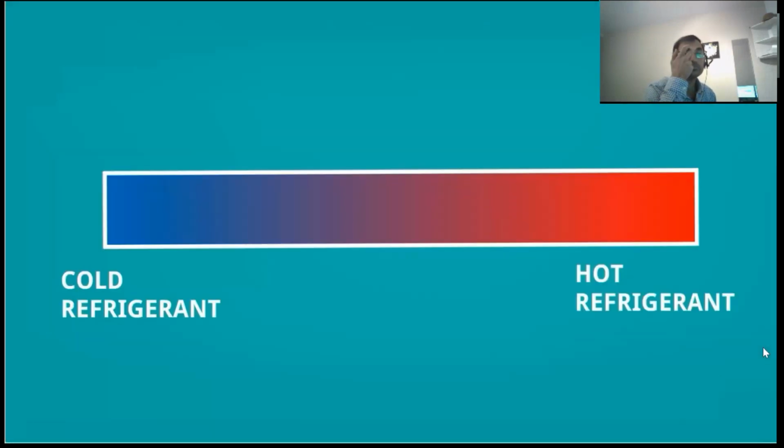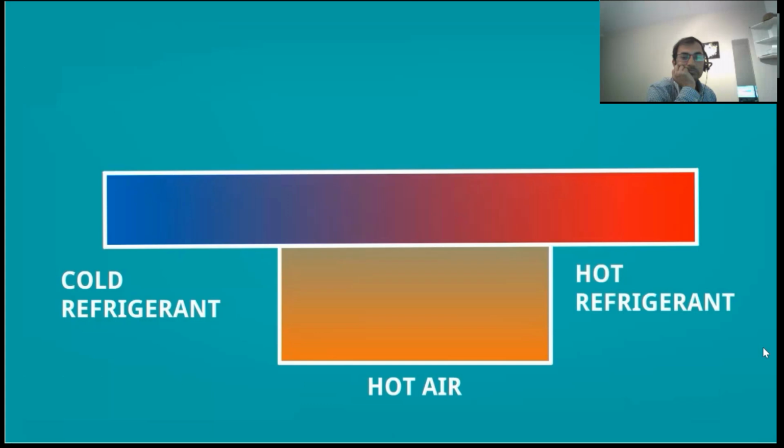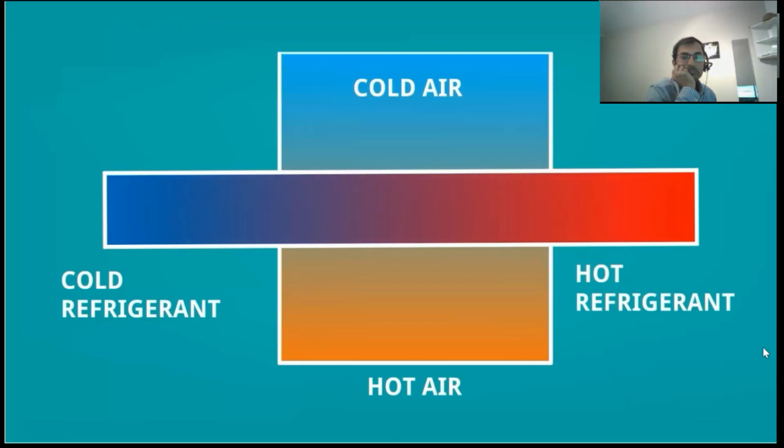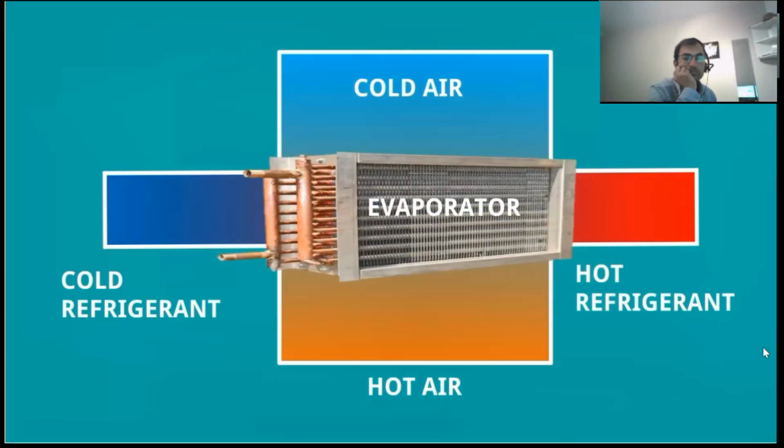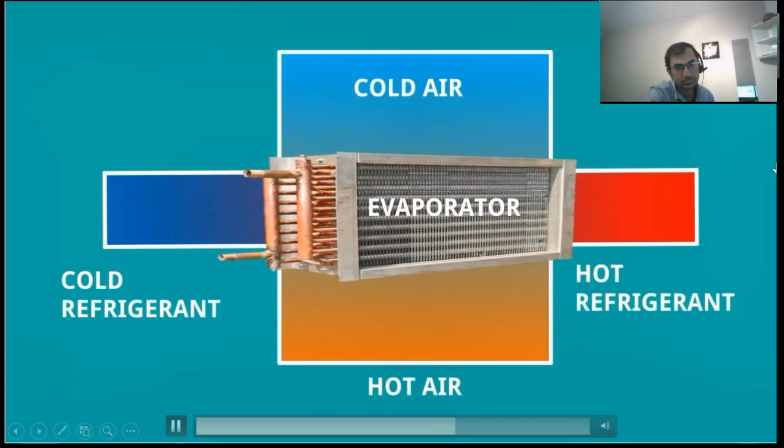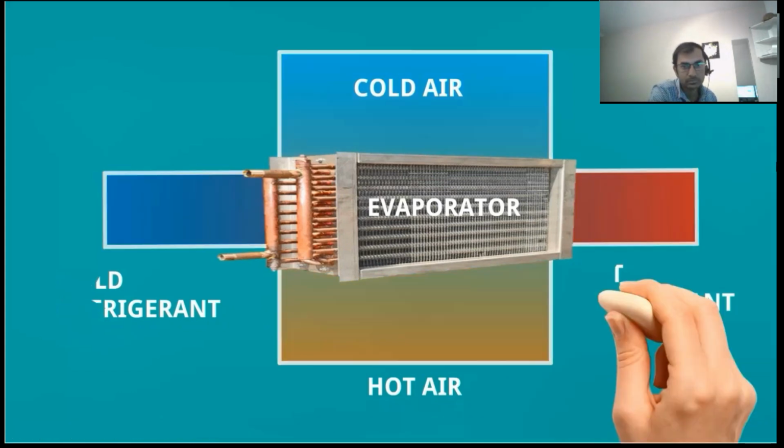Let's see the transformation of refrigerant and air. So here cold refrigerant changed into hot refrigerant and hot air changed into cold air by losing heat to the refrigerant, and this happens in the evaporator. So basically a heat exchange happens between refrigerant and air in the evaporator.